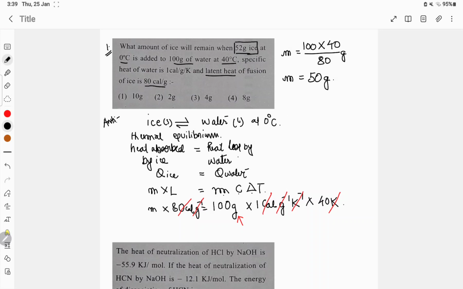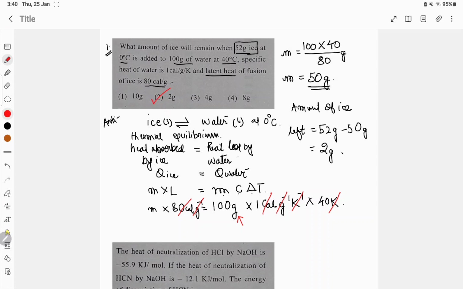In doing so 50 gram of ice has already changed into water. Clear? So the amount of ice left will be, initially there was 52 gram, now 50 gram has already changed due to absorption of heat, so it has changed into water. 52 minus 50 is 2 gram, so the answer is 2.